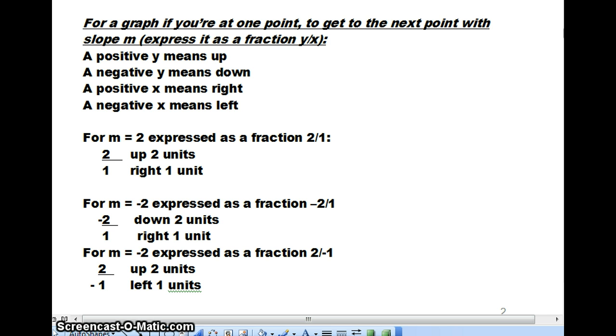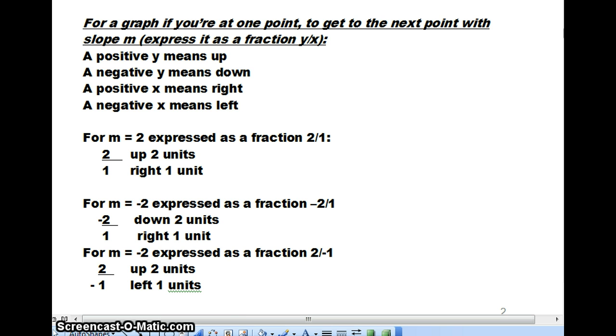If we know what a slope is and we have a graph, and we're at one point on the line, to get to another point on the line that has the same slope, and that slope is m, we're going to express it as a fraction of y divided by x. A positive y means you go up.